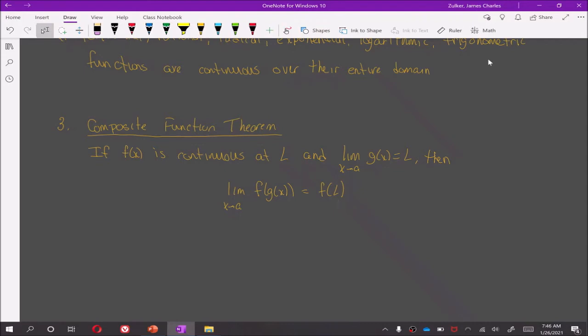All right, the intermediate value theorem, which is abbreviated the IVT.